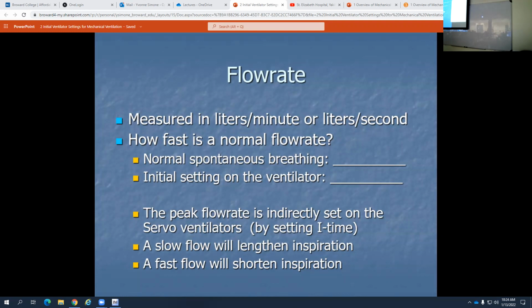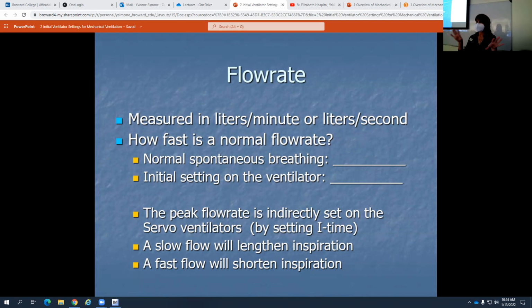Then if you change the flow rate to be really fast, the air goes in really quick and then it's already in. So a slow peak flow takes a longer time for the air to go in. A fast peak flow gets the air in quicker. So getting the air in slow, getting the air in quick, I'm referring to inspiratory time.